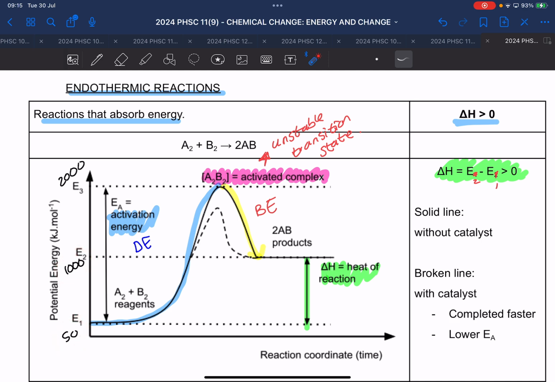Okay, you weren't here. Nekalo, what is the activation energy for the reverse reaction? What is the activation energy for the reverse reaction?